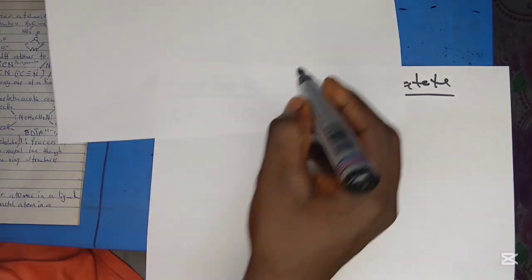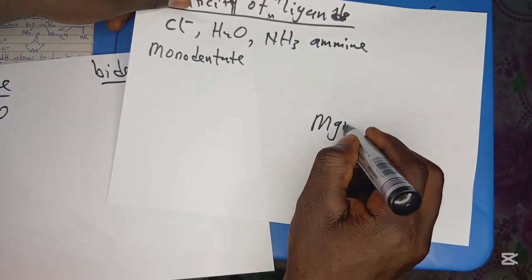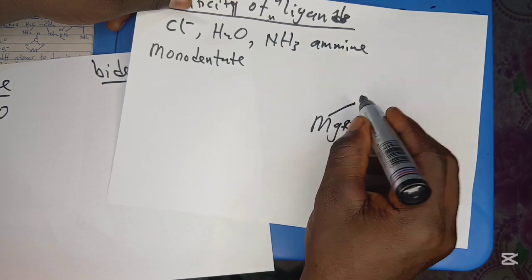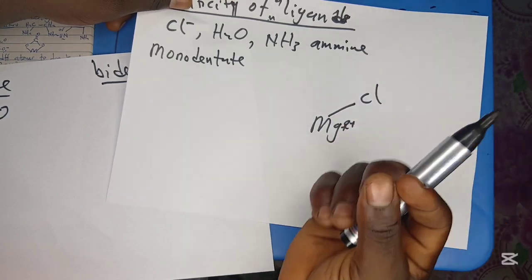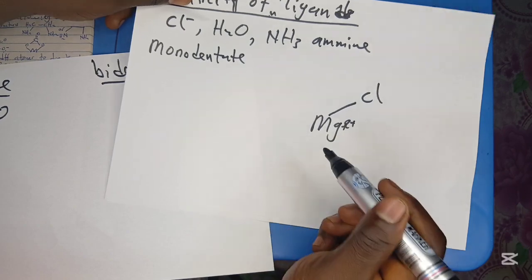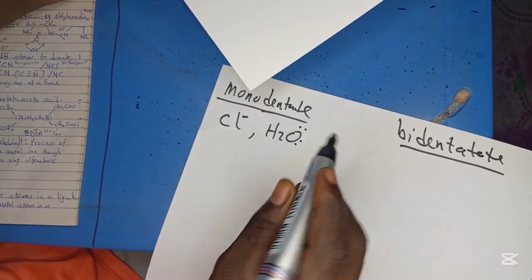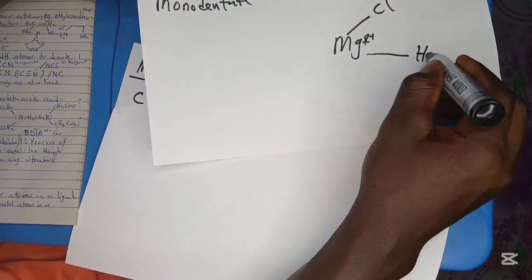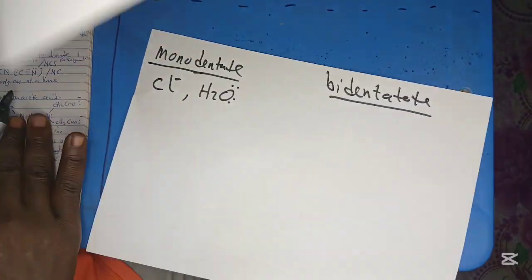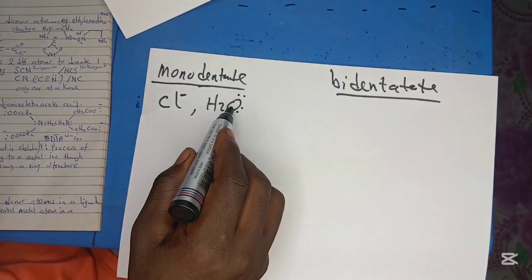If we have this as our metal atom, let's say magnesium 2 plus, chlorine can use only one lone pair of electrons to form a bond with the metal atom. Same as water, H2O, which can use only one of its lone pairs to form a bond with the metal. That is why it is called a monodentate ligand, because it has only one donor atom, the oxygen, and it bonds to the metal through the oxygen.